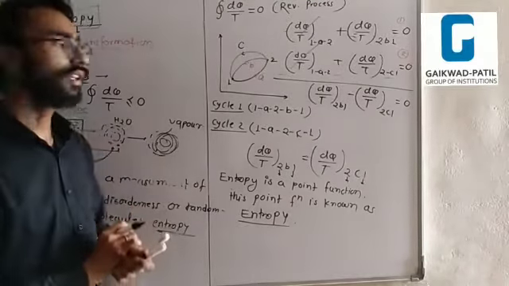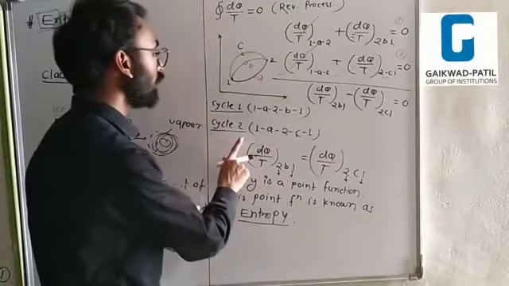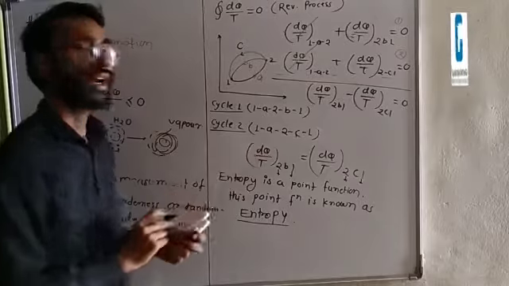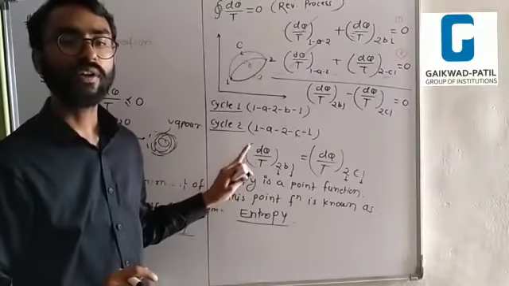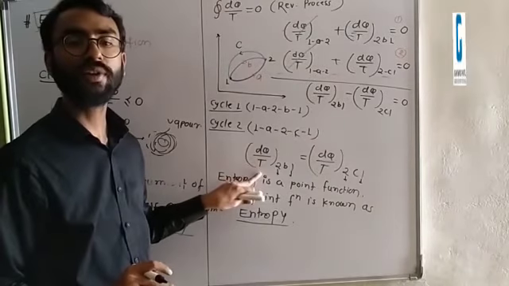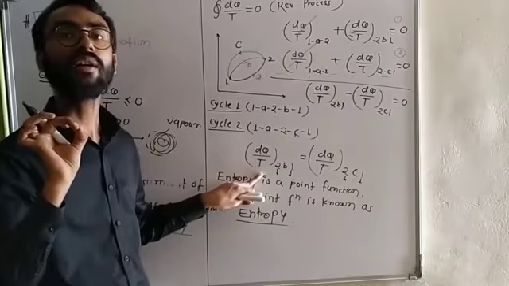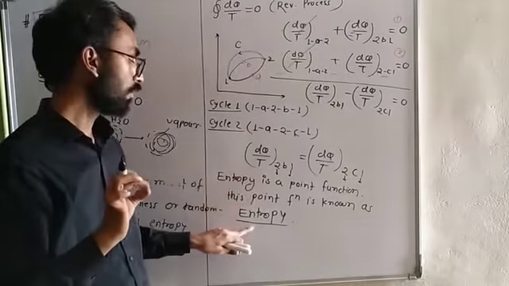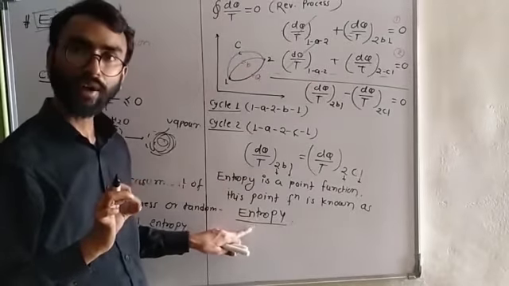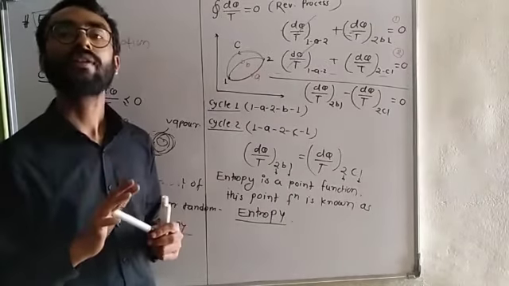No doubt the heat transfer is a path function. No doubt the work transfer is a path function. But the ratio of the heat transfer to the absolute temperature at which the heat is transferred is not a path function, it is a point function. So entropy is a point function, entropy is not a path function.